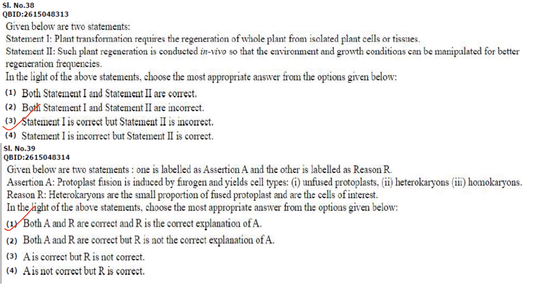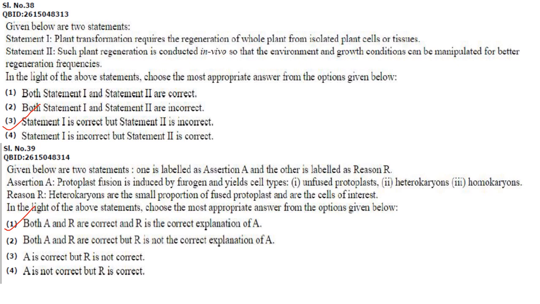Such plant regeneration is conducted in vivo so that the environment and growth conditions can be manipulated for better regeneration frequencies. That is not correct because plant regeneration has to be conducted in vitro where environment and growth conditions can be manipulated for better regeneration frequency. So statement 2 is incorrect but statement 1 is correct. So answer is option 3.